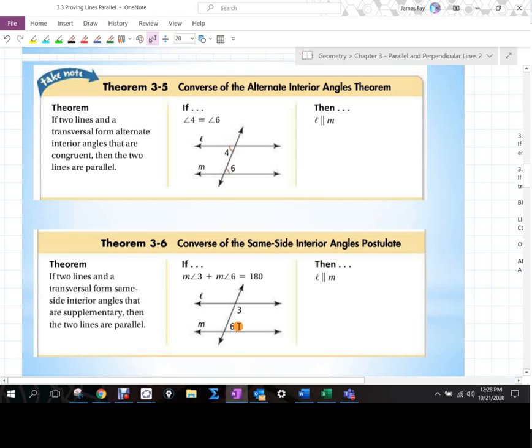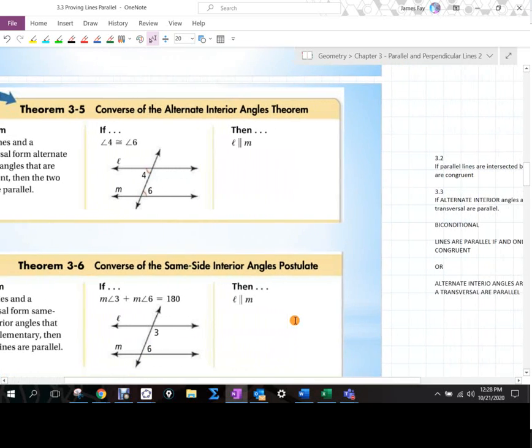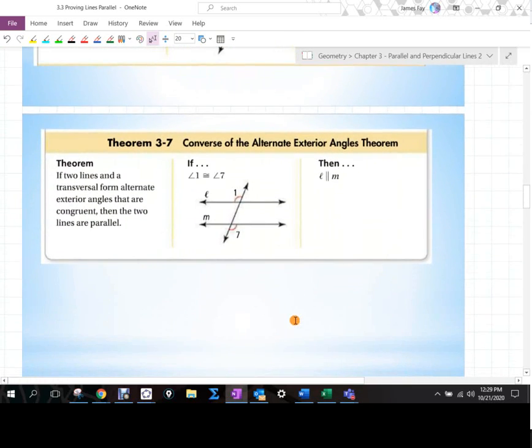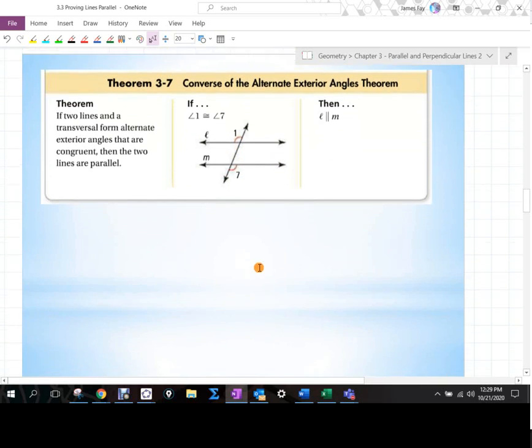So section 3.2 and section 3.3 are converses of one another, which tells me that the rules I learned in section 3.2 are reversible, and the rules in section 3.3 are also reversible. The same thing happens with alternate exterior angles. If I'm going to show them congruent, then the lines have to be parallel.